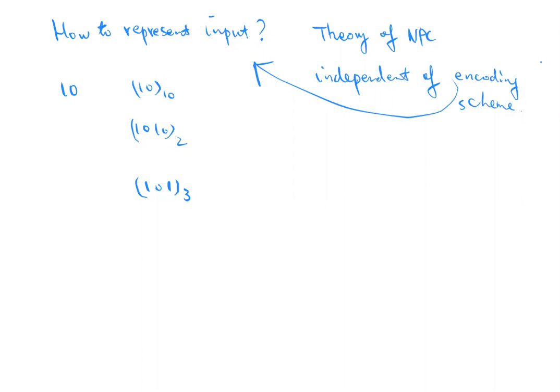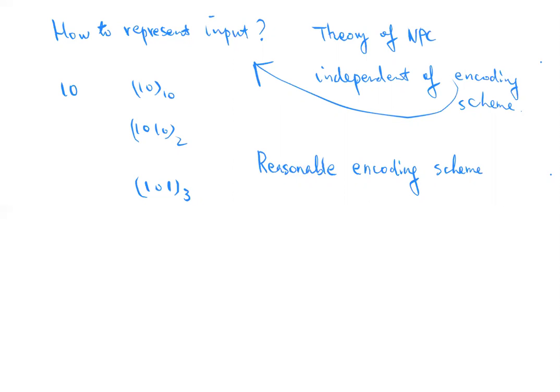So that makes no sense. So what we assume is we have a reasonable encoding scheme. All right. So it's a very simple assumption, just reasonable.